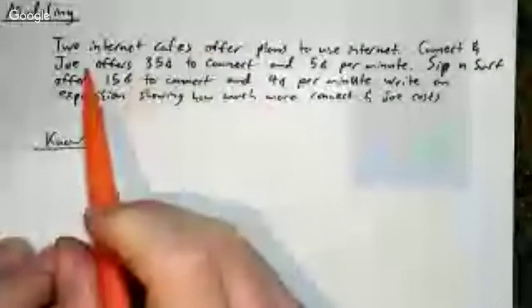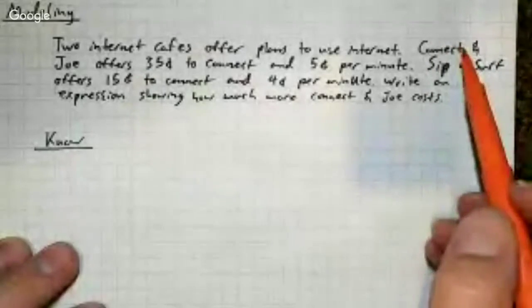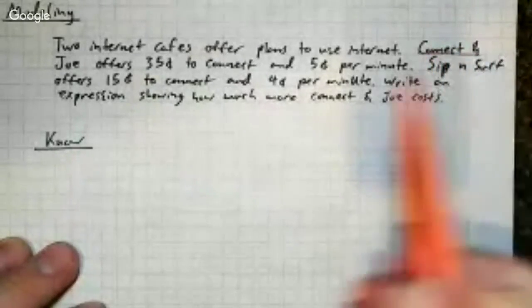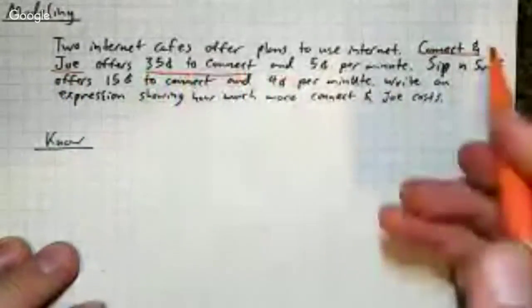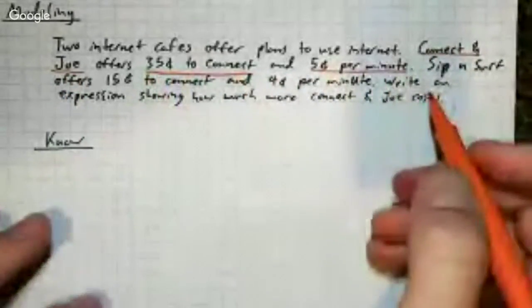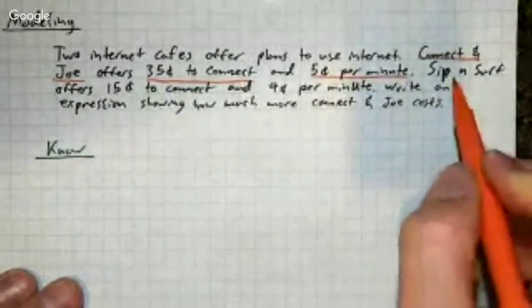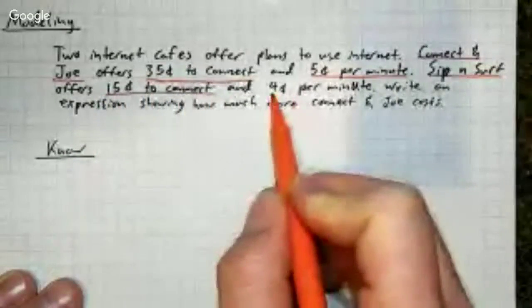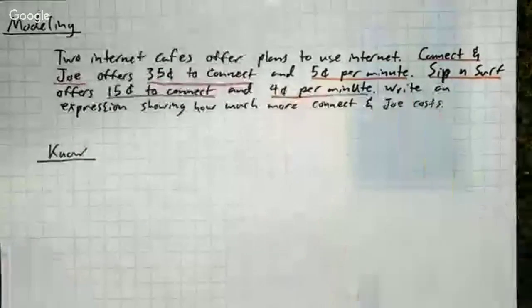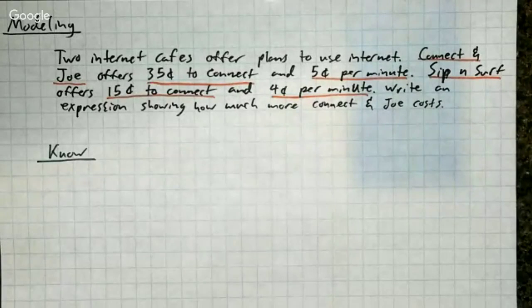Well, if we look in here, we know that one of the places, which is called Connect and Joe, it's 35 cents to connect and 5 cents a minute. We also know that the second place, which is called Sip and Surf, offers 15 cents to connect and 4 cents per minute. So let's go ahead and write down exactly what we do know.